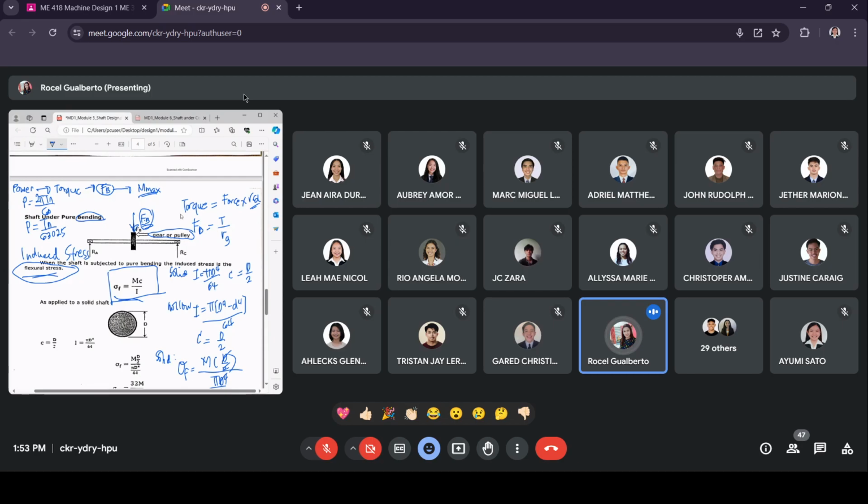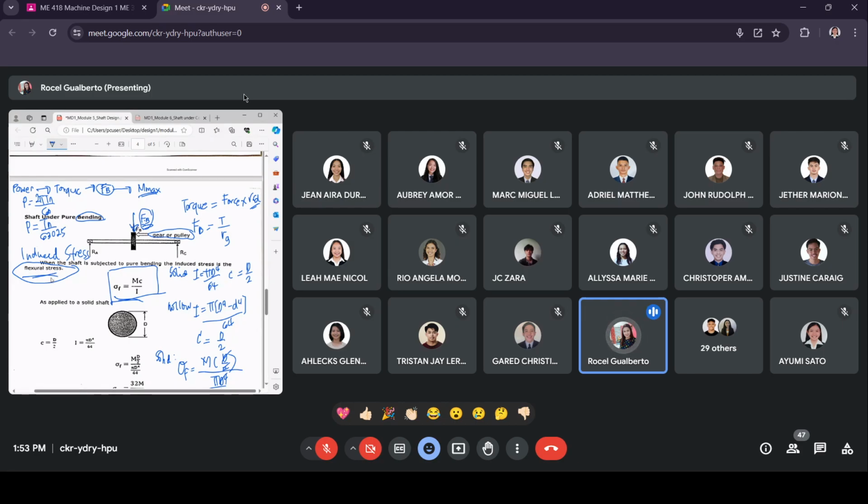So that is how you obtain this bending load FB. That's the only difference from our last discussion, because the value of the bending load was already given. Here on the shaft design, you have to determine this bending load, coming from the power transmitted.